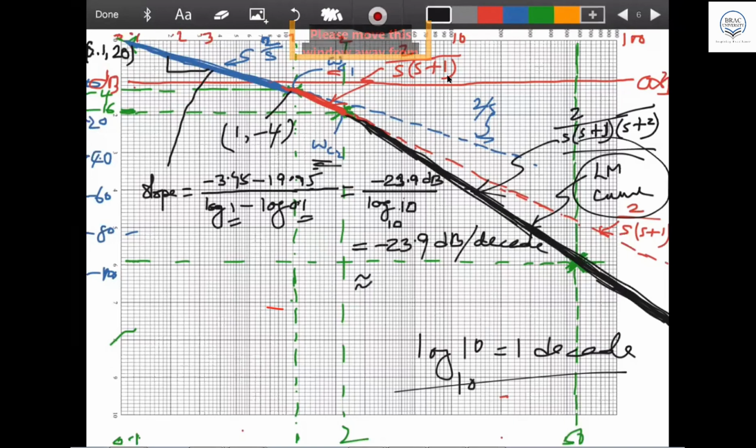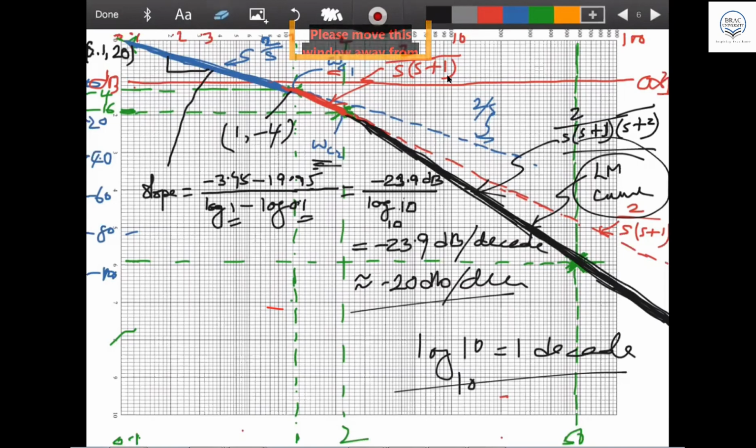This is a very exact case, but the asymptotic curve is giving about 3 dB difference. Actually, the corner frequency point in the real curve will be 3 dB below the original point. So it is asymptotic, that's why it is the value. When you go to the real curve, it is approximately 20 dB per decade, which is a standard form. So 20 dB per decade will be the standard slope for the blue curve in real case.